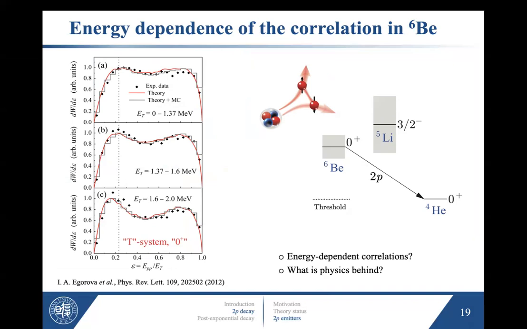So for example, in this lithium beryllium 6 decay, two-proton decays, people found that as the decay energy increases, the energy correlation changes. At that point, people didn't pay much attention to this aspect.